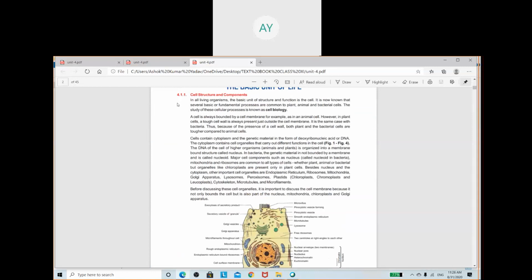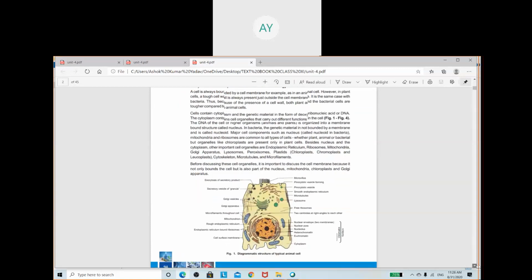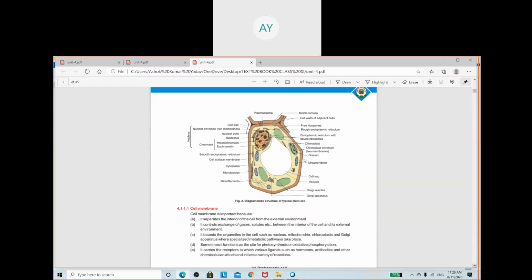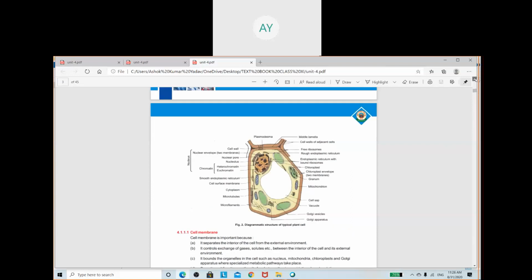Generally, in a plant cell there is a cell wall, and you will find this in the diagram itself. If you see the plant cell and animal cell, there is a presence of cell wall in the plant cell, but in case of animal cell, there is no cell wall.